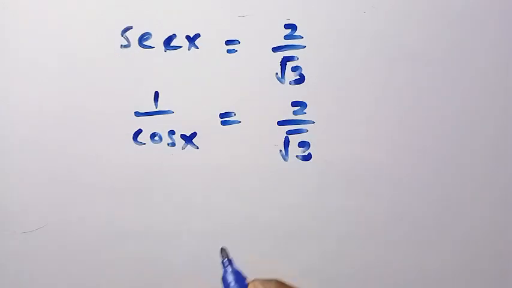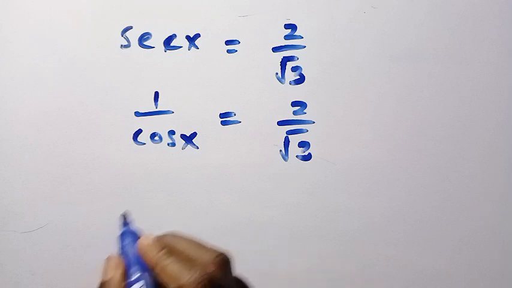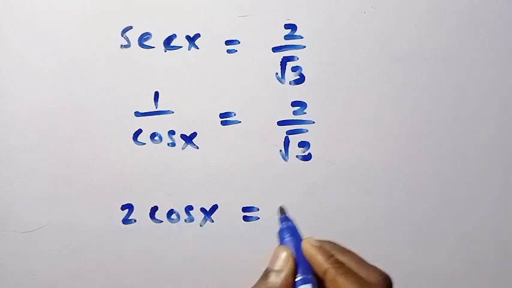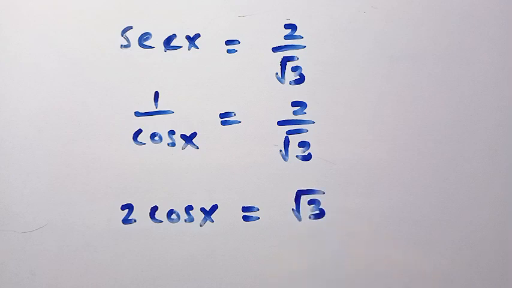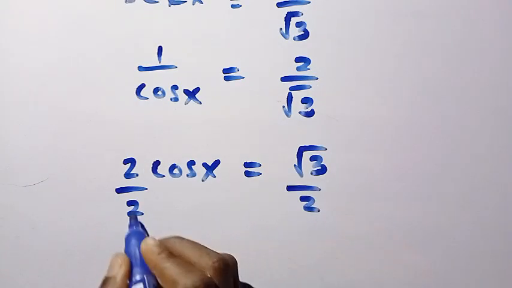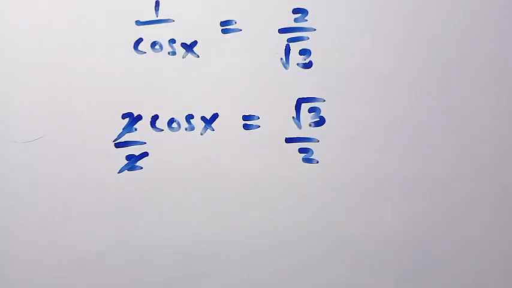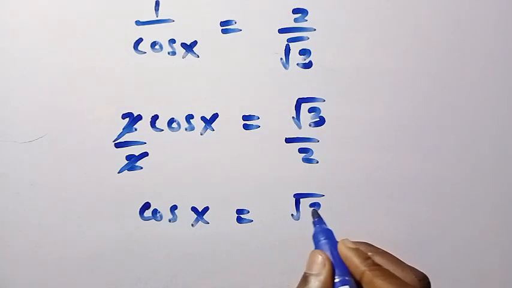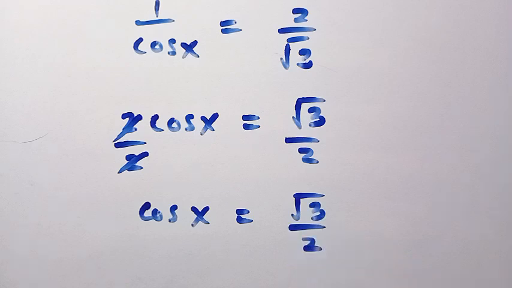Having this, let's cross multiply. By cross multiplying, we have 2 cos x equals root 3. Dividing both sides by 2, this cancels this, then cos x equals root 3 divided by 2.